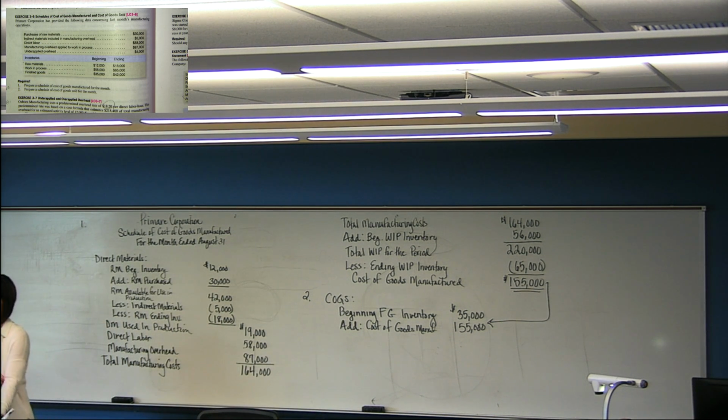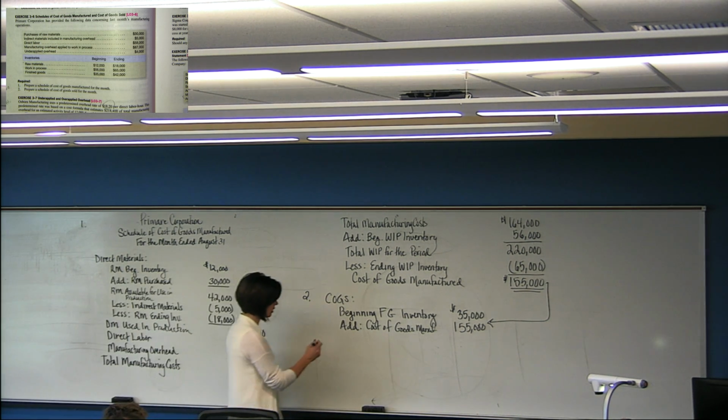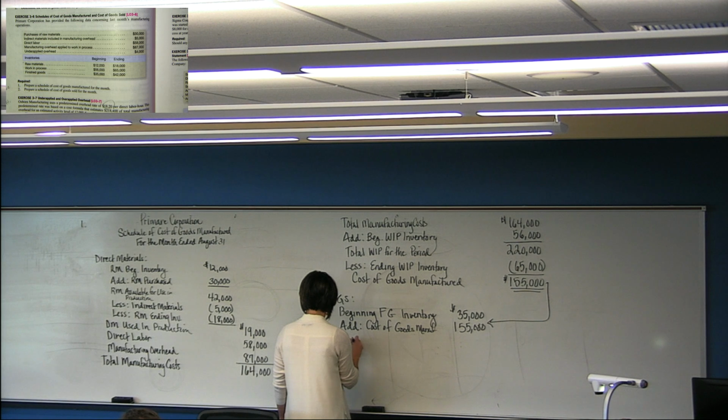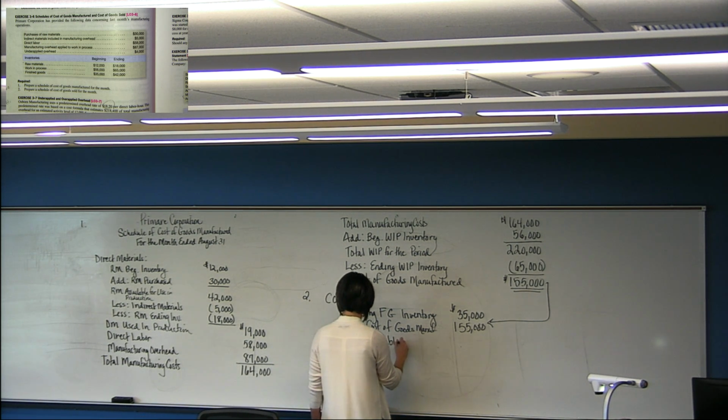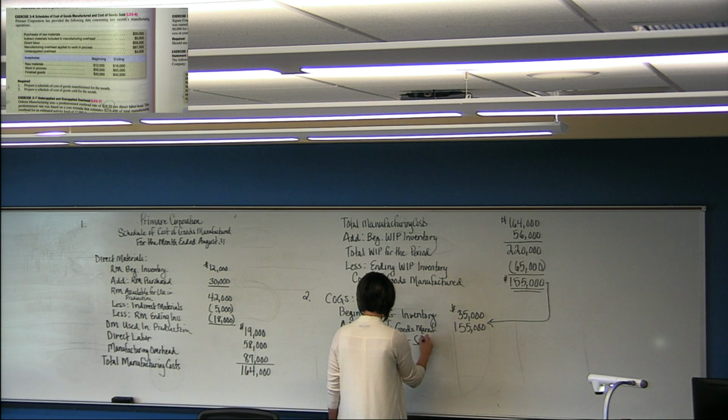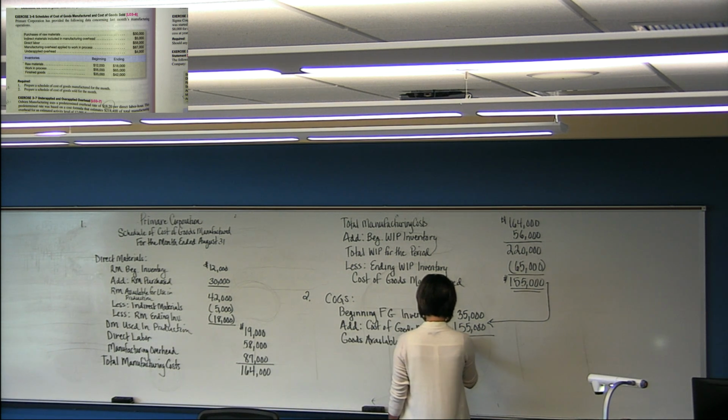This is internal purposes, and they're still linked, right? They're still linked. So that gives me the goods available for sale. Okay, so that gives me 190, right?